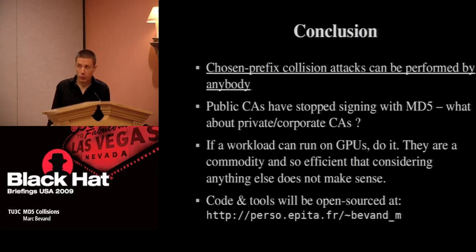But one thing I really want to emphasize is that if you have a workload that runs well on GPUs, they are just so effective, so fast that it doesn't make sense to consider anything else. Even a cell processor or even some FPGAs.